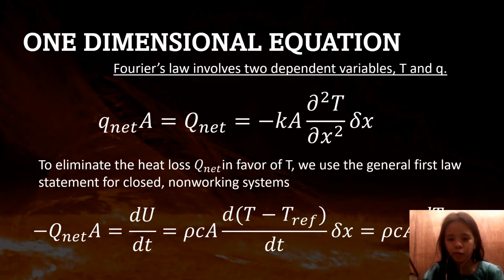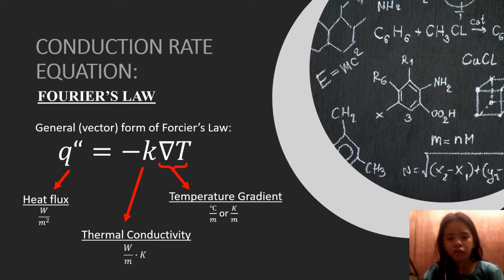Now Fourier's law, the general vector form: q prime is equal to negative k gradient T. The heat flux, as I said earlier, is in W over m². K is the thermal conductivity, and this is the temperature gradient.